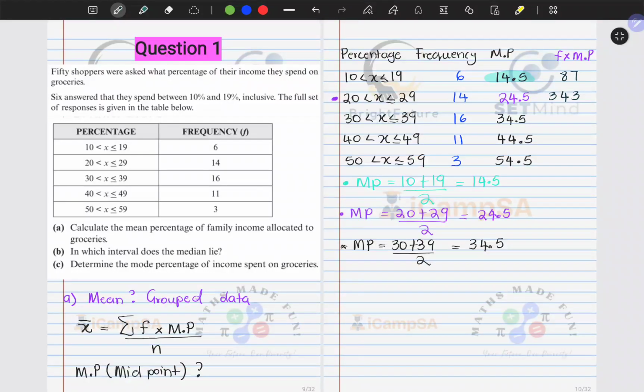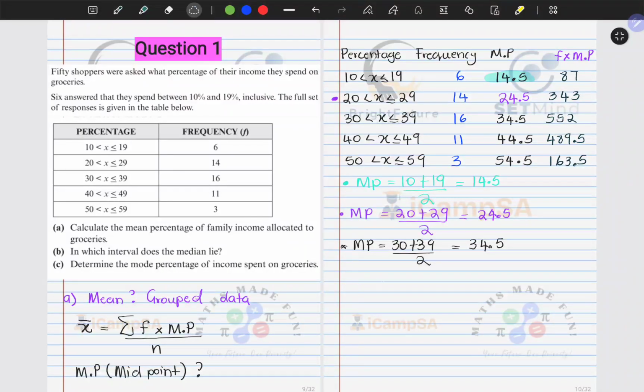Then we have 16 multiplied by 34.5, and that gives us 552. Okay, then we have 11 multiplied by 44.5, and that becomes 489.5. And then we have 3 multiplied by 54.5, and that gives us 163.5.